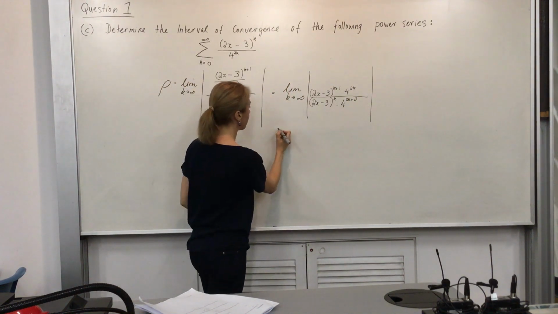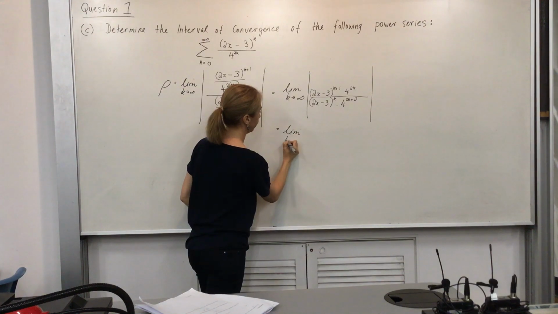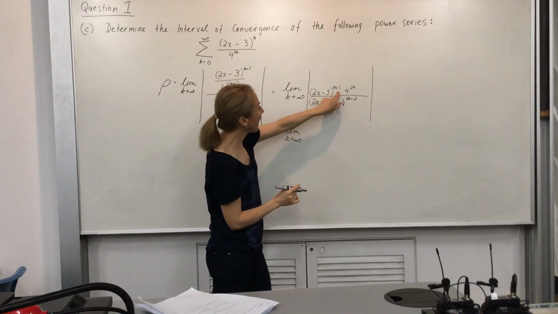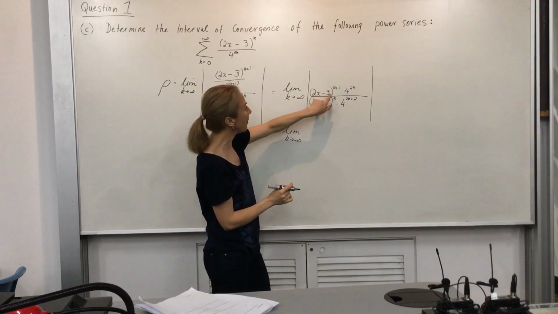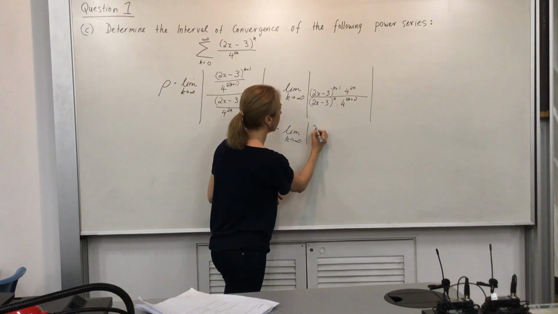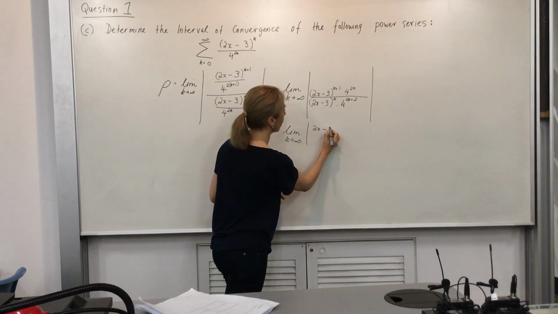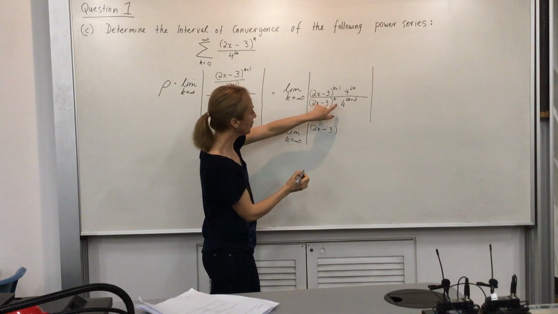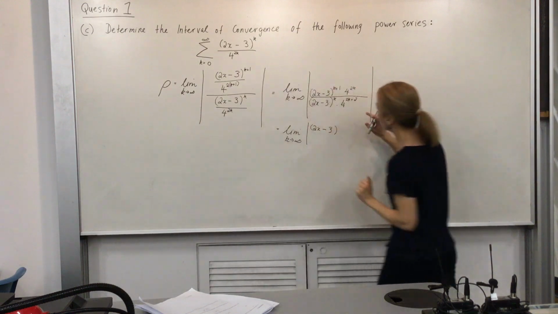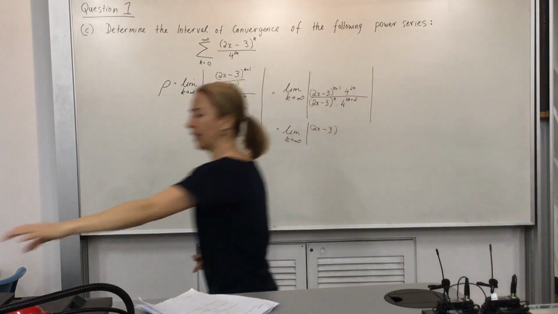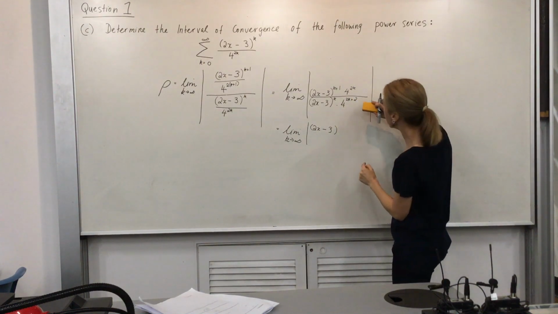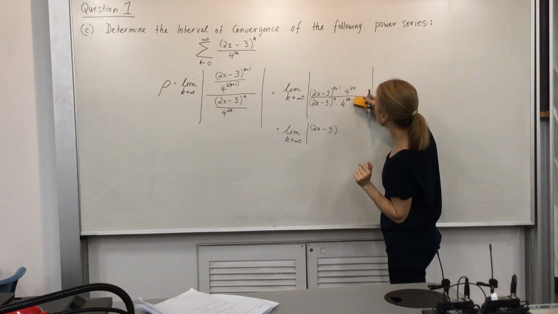Okay, so let's simplify now. We have k plus 1 copies of 2x minus 3 and only k copies in the denominator. So that will simplify to just one copy of 2x minus 3 in the numerator. In the denominator, 4 to the 2k plus 2 is actually equivalent to 4 to the 2k times 4 squared by our exponent rules.